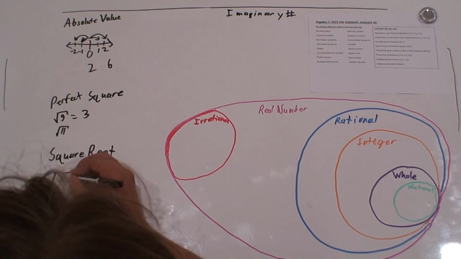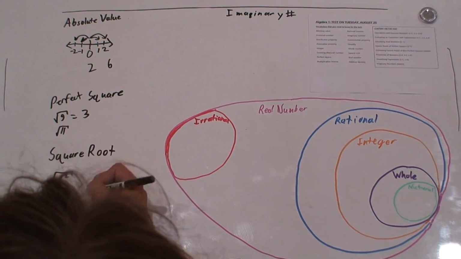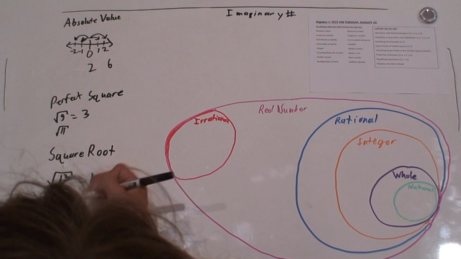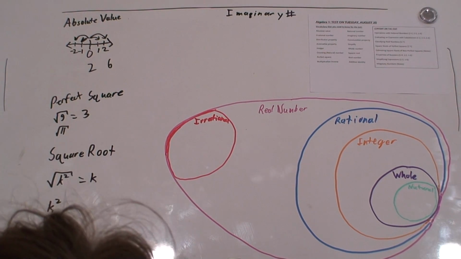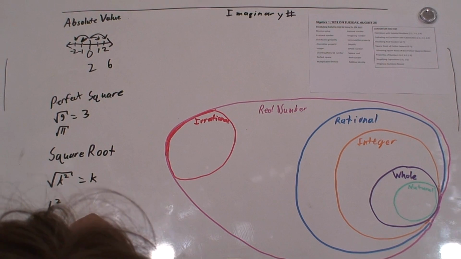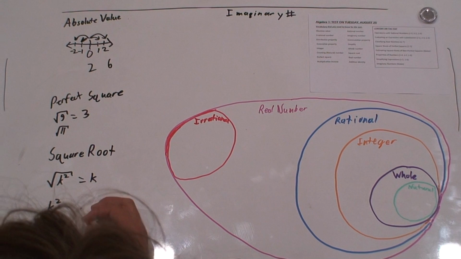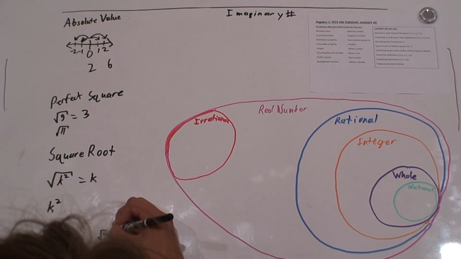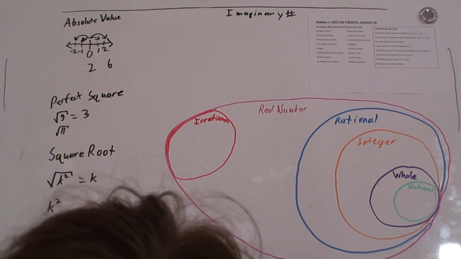Then if you take whatever number k squared was and put it through the square root, you should get k. An example of that would be if you have 9, you square it to get 81. The square root of 81 would be 9.